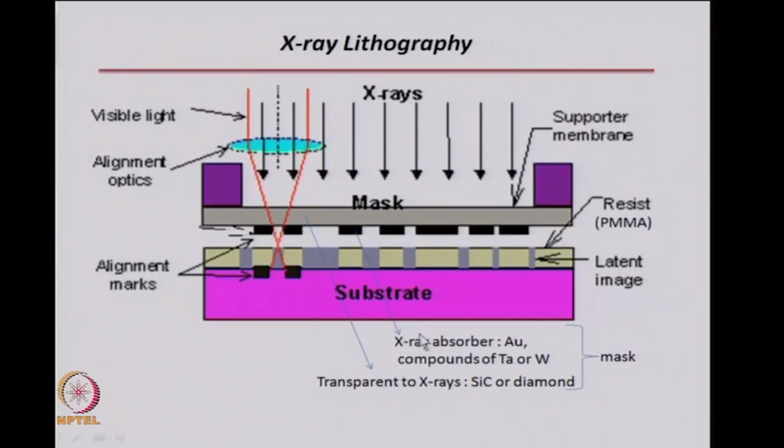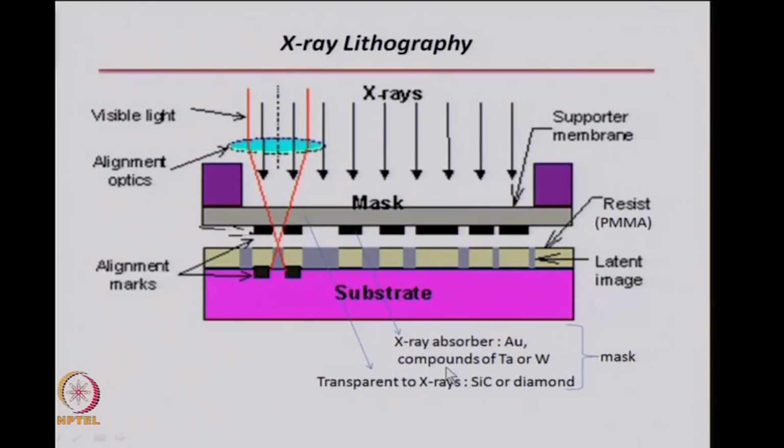You have an X-ray absorber which will absorb the X-ray if the X-ray comes in its path, and there is the resist which is transparent to X-rays, and you get feature on the PMMA. PMMA is where you will get the final image. So, you transfer whatever the pattern on the mask on top of the PMMA using these X-rays.